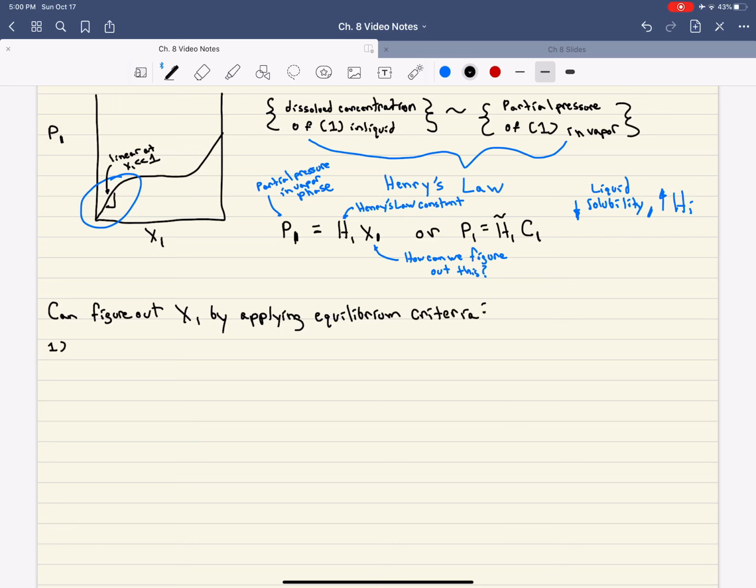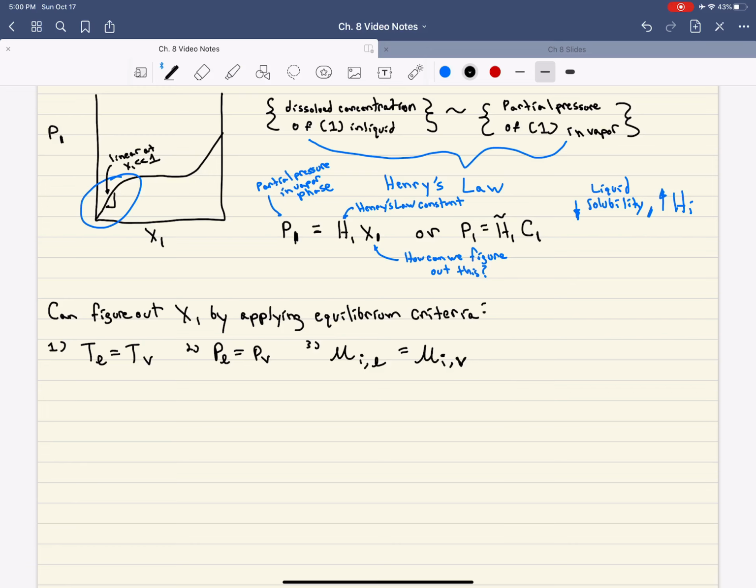Our equilibrium criteria are that the temperatures in the liquid and the vapor phases have to be equal. The pressures in the liquid and the vapor phases have to be equal. And also, the chemical potential of a species i in the liquid phase has to be equal to the chemical potential of species i in the vapor phase.